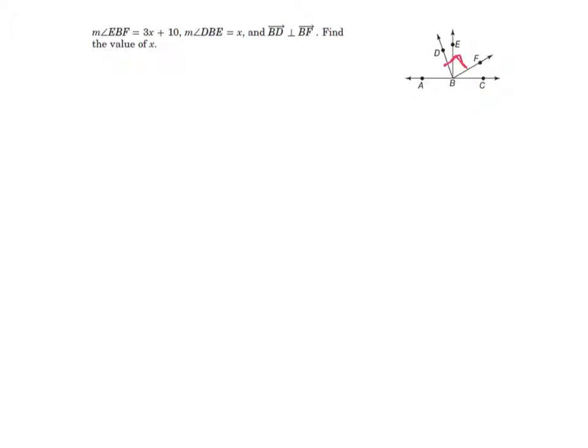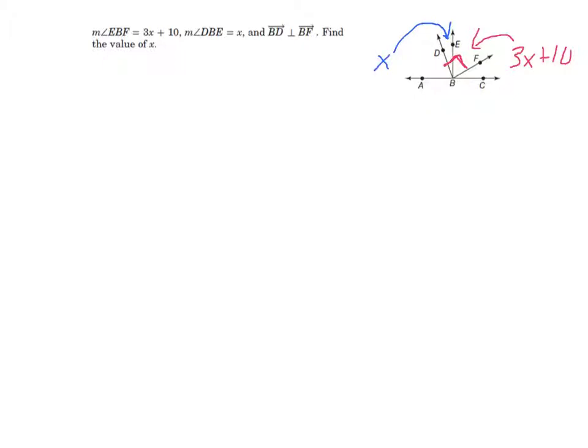Now let's label our angles. Angle EBF should be 3x plus 10. So this angle is 3x plus 10. And DBE, which is the smaller angle right in here, that is just x.